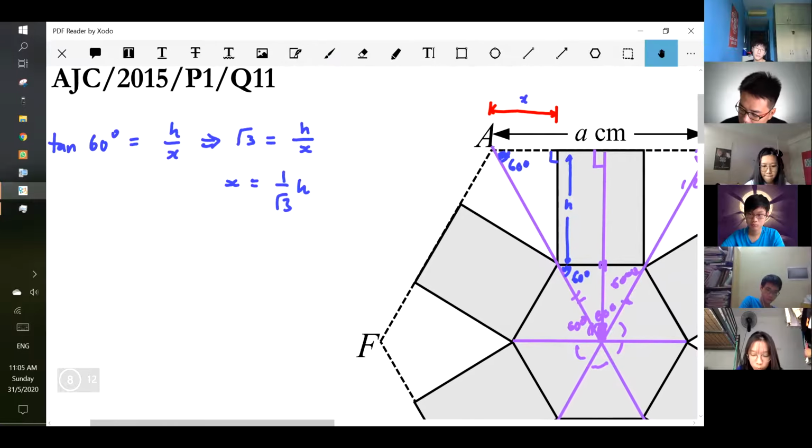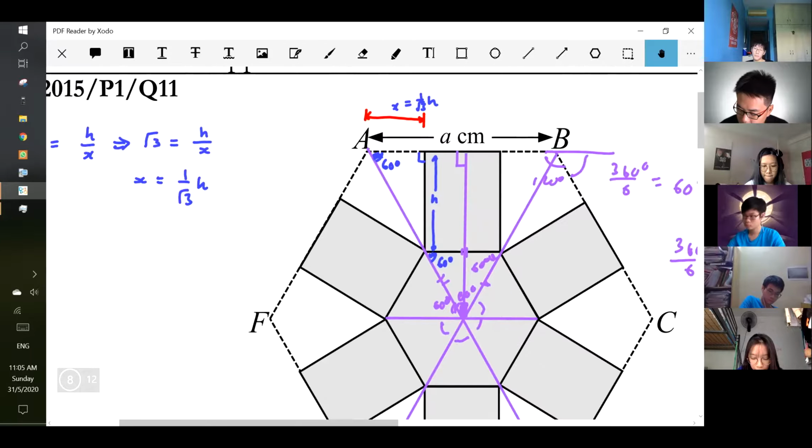So this is 1 over root 3 H. Make sense? That's one. So once you get that already, shouldn't be too much of a problem because this is also 1 over root 3 H.